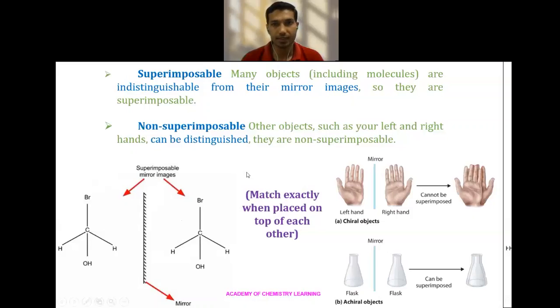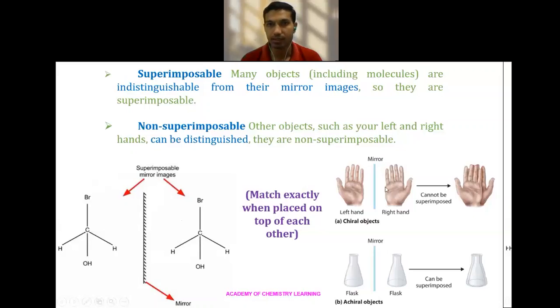Let's take the example of our hand. If you see your left hand in a mirror, its image looks like a right hand. Now take the left hand and put it over its mirror image, that is the right hand. So what happened? It looks like this one. So these two objects are the left hand and its mirror image, the right hand.